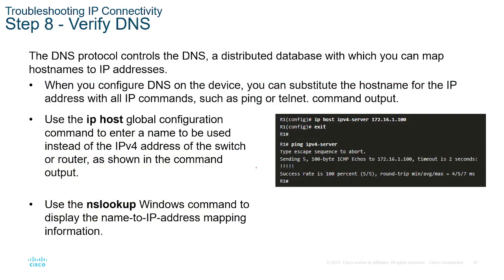Verify DNS. The DNS protocol controls the DNS distributed database with which you can map hostnames to IP addresses. When you configure DNS on a device, you can substitute the hostname for the IP address in commands such as ping or telnet, and in command output. So what is DNS? We will have 192.168.1.20.